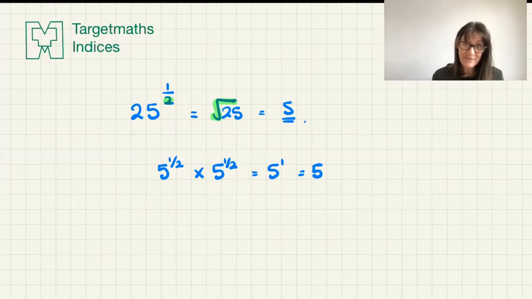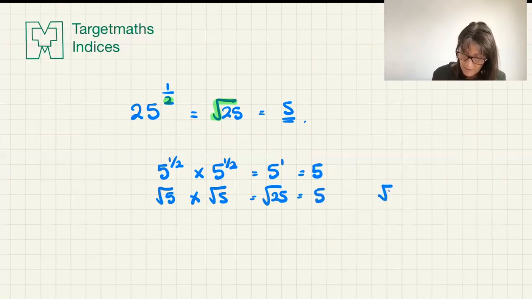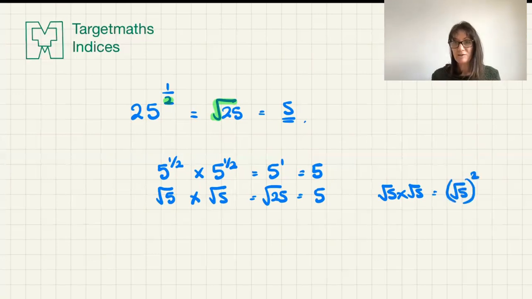We also have this fact. The square root of 5 times the square root of 5. That is the same as saying the square root of 5 times 5, which is 25, which equals 5. You could look at it like this. Square root of 5 times square root of 5 could be written as square root of 5 squared. Yeah, square root of 5 times by itself. Because the root and the power are the inverse of each other, they just cancel each other out, leaving me 5.